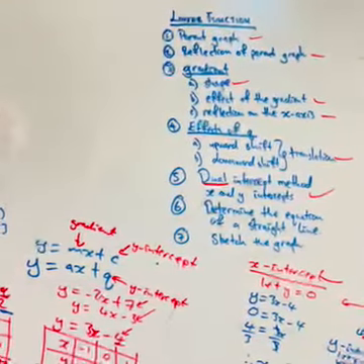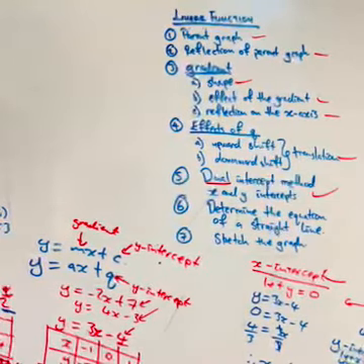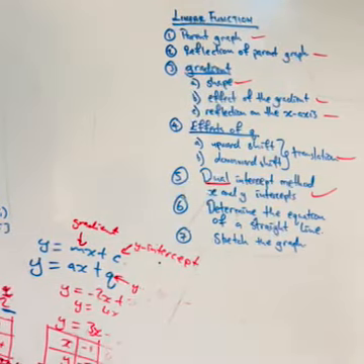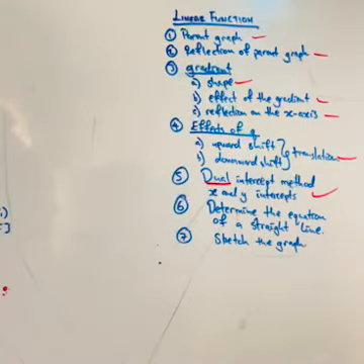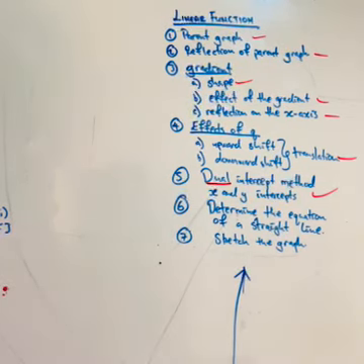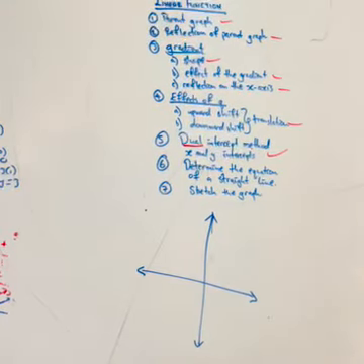Now, last but not least, this is the last part. What do they want? They said sketch the graph. Sketch the graph of what? Sketch the graph of a straight line. When you're going to sketch the graph of a straight line, the first thing you need to know is your x and y intercepts.